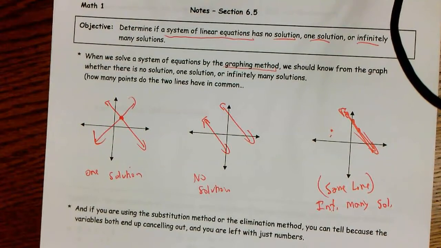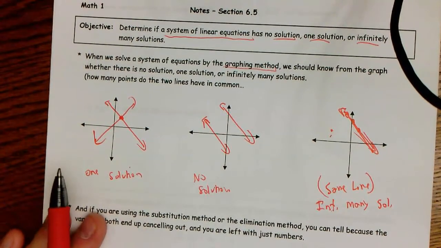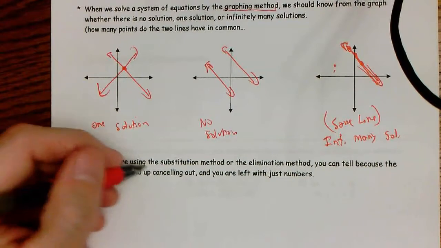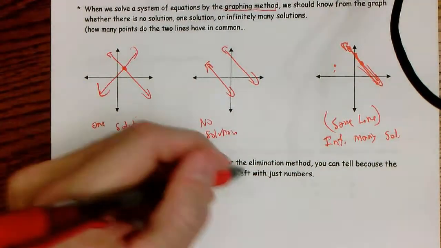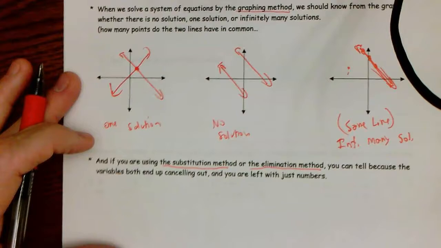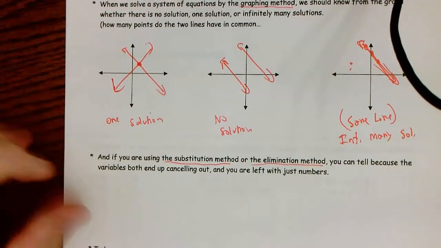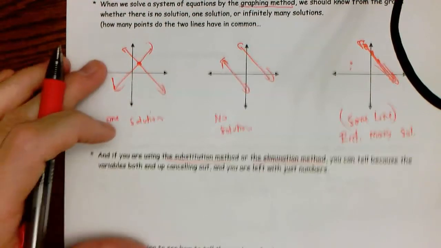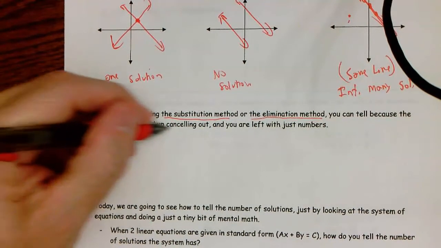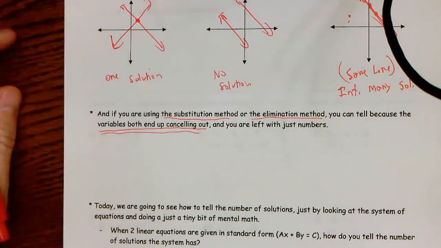All right, that's something we already knew from the graphing method, I'm hoping. What about if you're using the substitution method or the elimination method? Well, now you can tell, because the variables both end up canceling out.